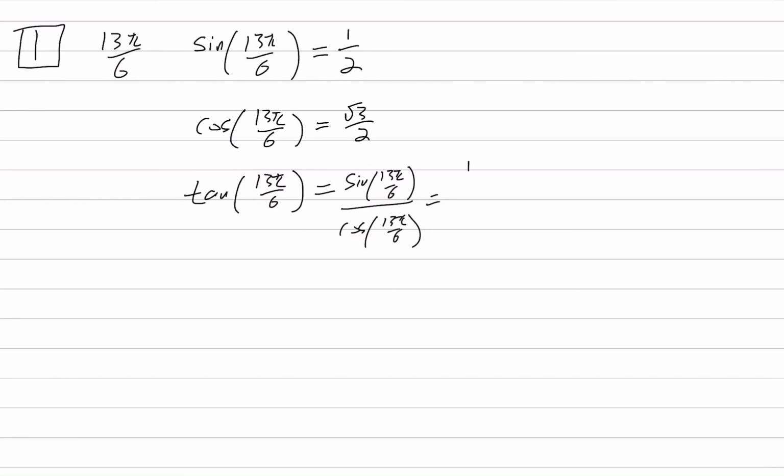So it'll be half over square root of 3 over 2. This will give us 1 over square root of 3, and we can rationalize by multiplying by square root of 3, which gives us square root of 3 over 3. Okay.